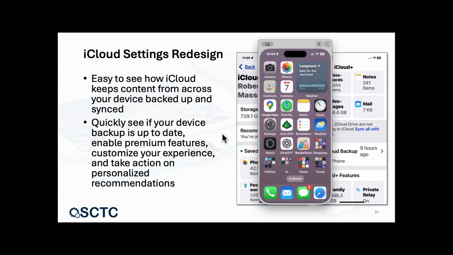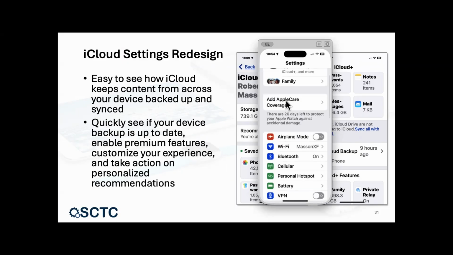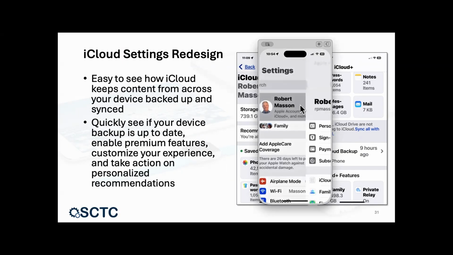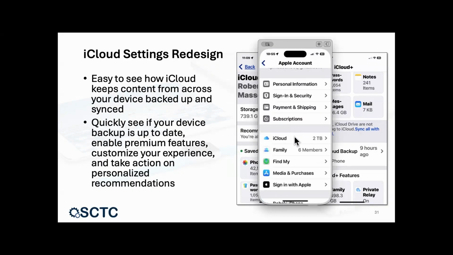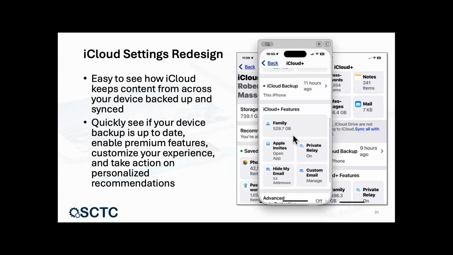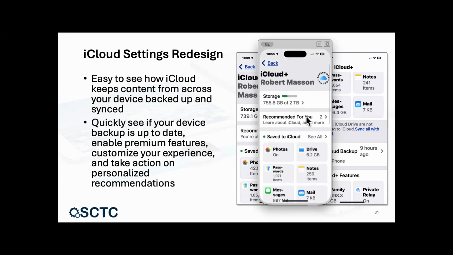Yeah, okay. So if I go to Settings, and at the very top is my name, this is my Apple account. If you click on that, and then you scroll down to iCloud, it shows you all kinds of things about iCloud. For example, it has some advertisements. It will try to sell you something. It shows you how much storage you're using.